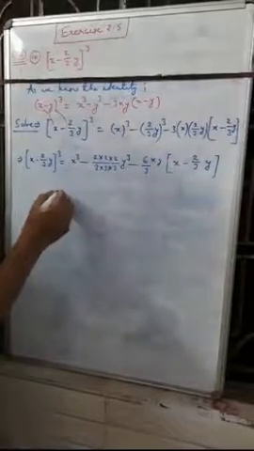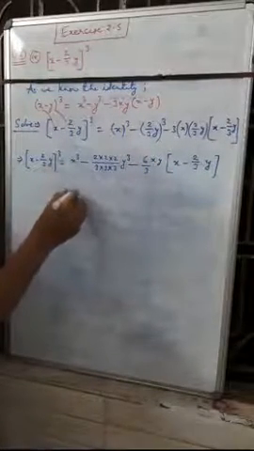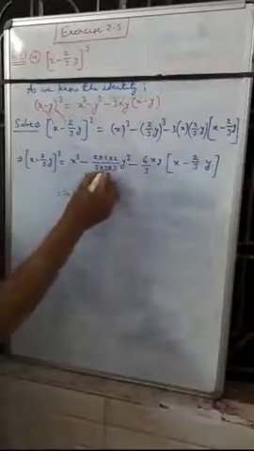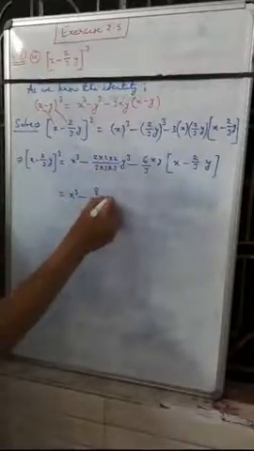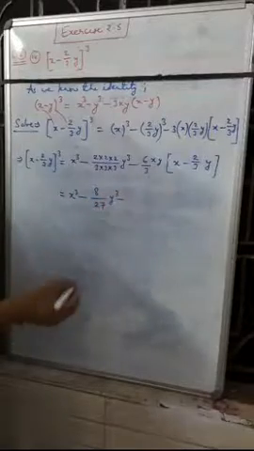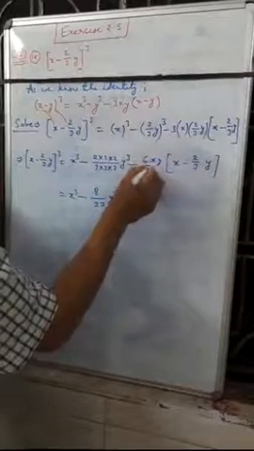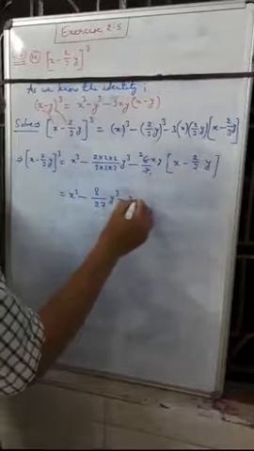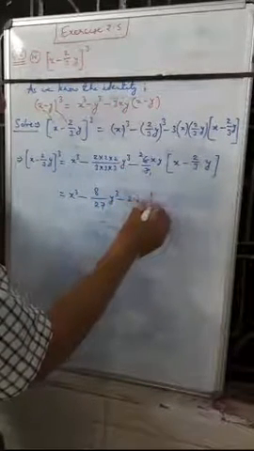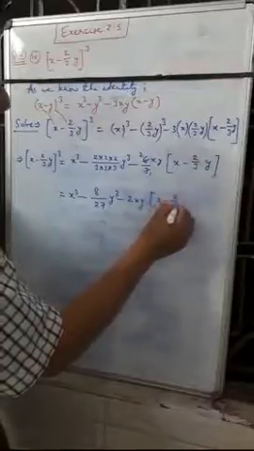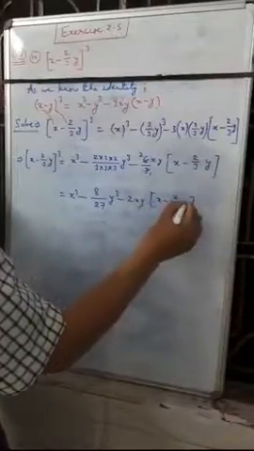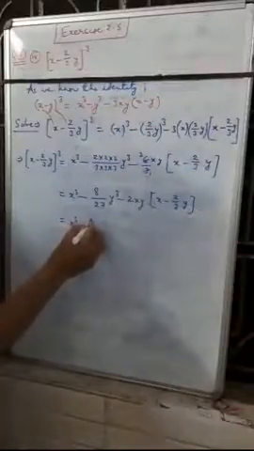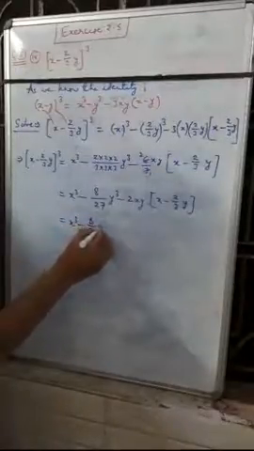In the next step, x cube minus 8 by 27 y cube, minus 2xy into (x - 2 by 3y).